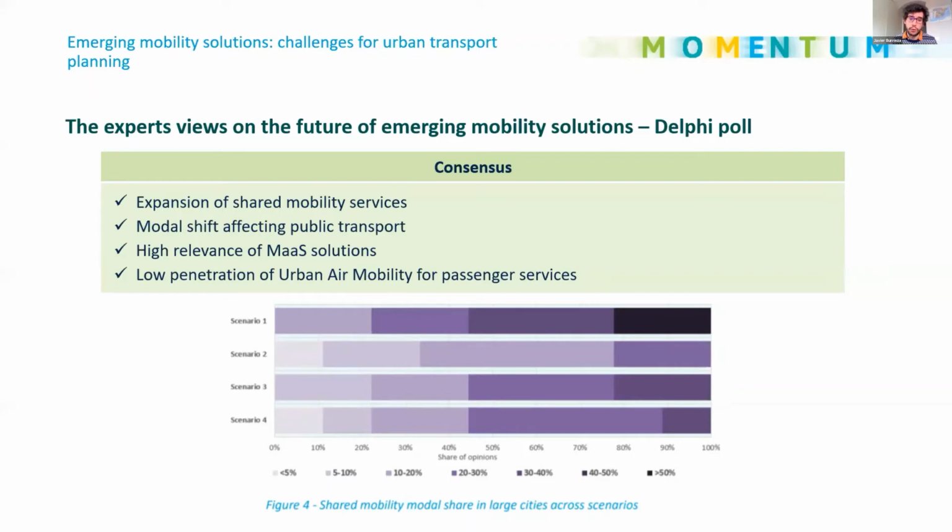Moreover, that mobility as a service platforms or solutions will probably gain relevance in the coming years, and that other innovative mobility options such as urban air mobility are likely to remain focused on freight delivery services or emergency services rather than broad passenger transport.